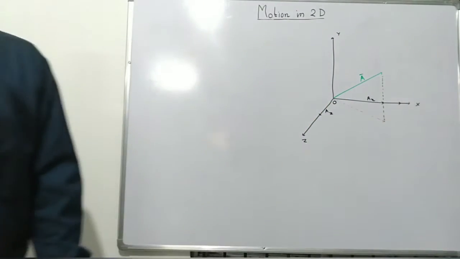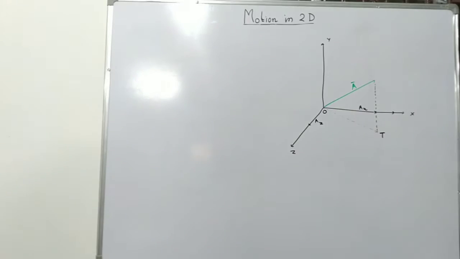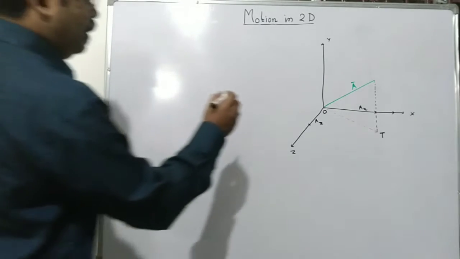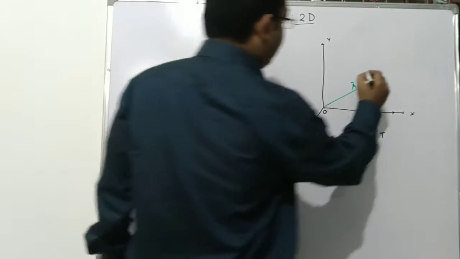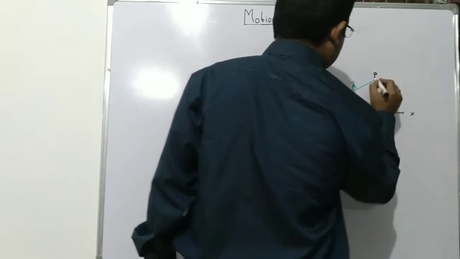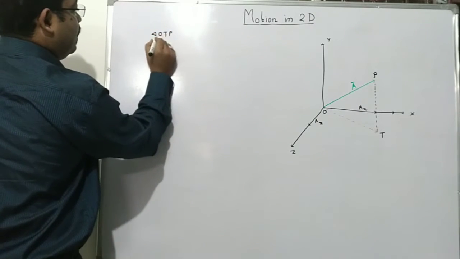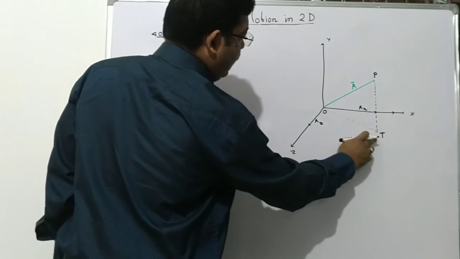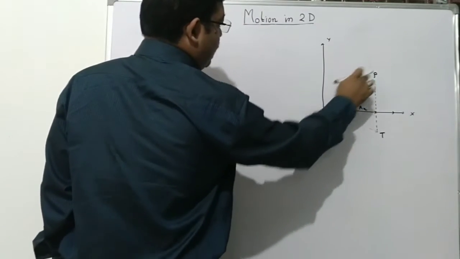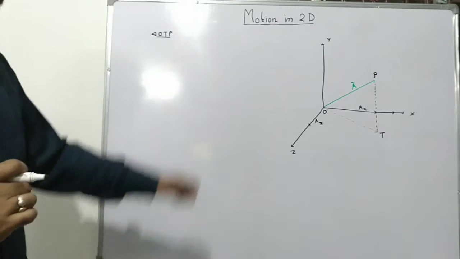This is the origin, and this point touches the xz plane at point T. Let's call the head of the vector point P. In triangle OTP, what we clearly see is that OT plus TP must be equal to A, or OP.